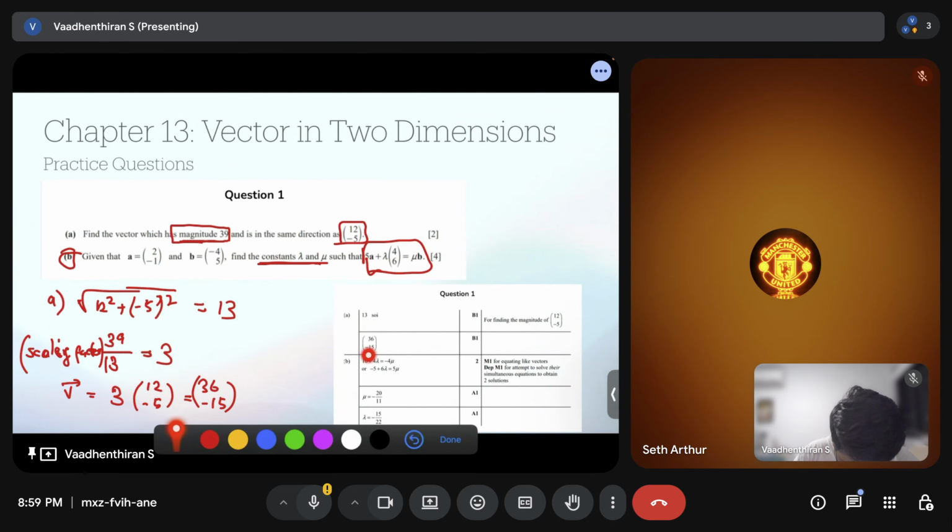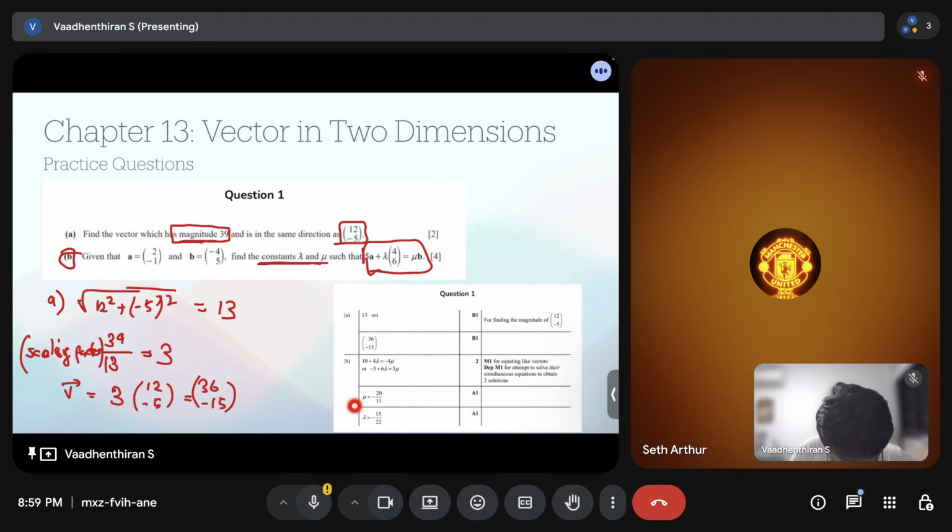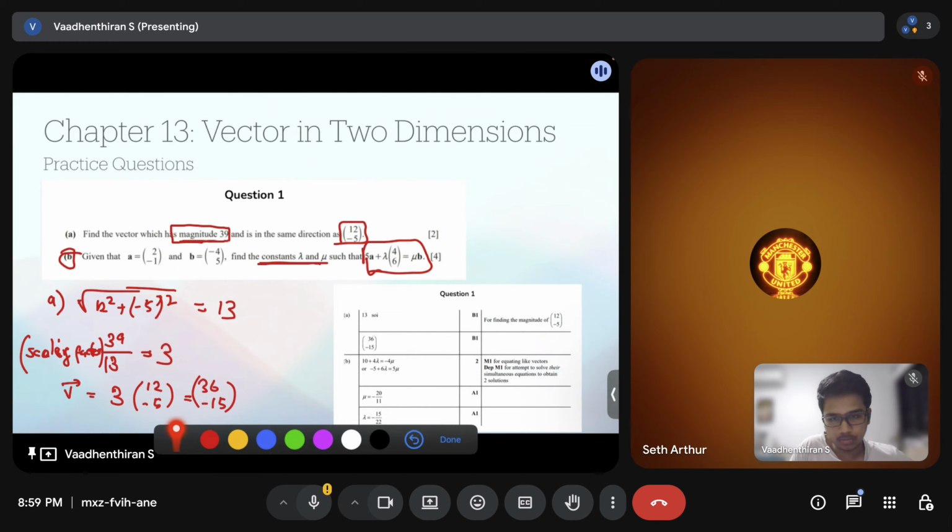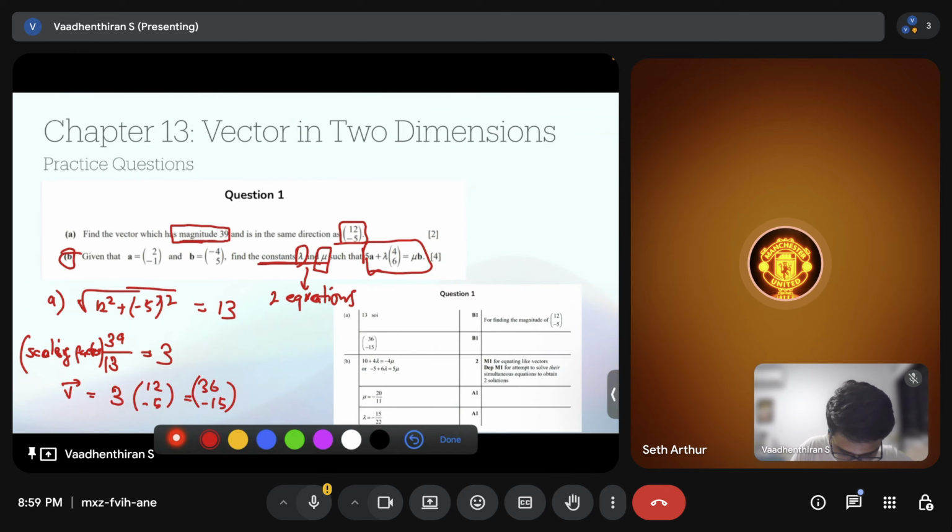You can see that they have formed this equation, and once you form these two equations, you can just do the simultaneous equations and find both constants. So just remember, whenever there are two constants, you need to make two equations to solve for those constants. Got it?